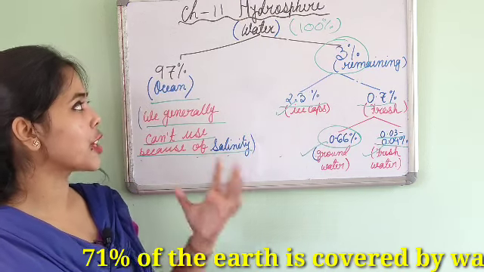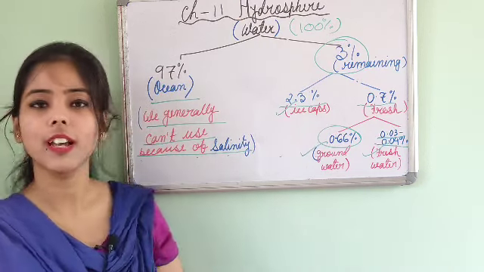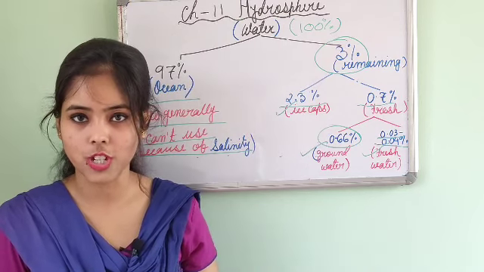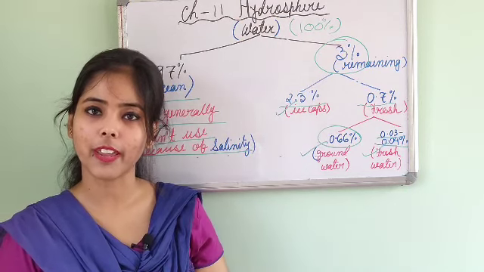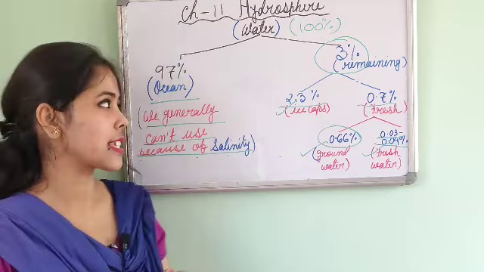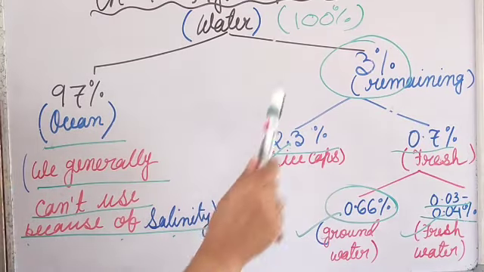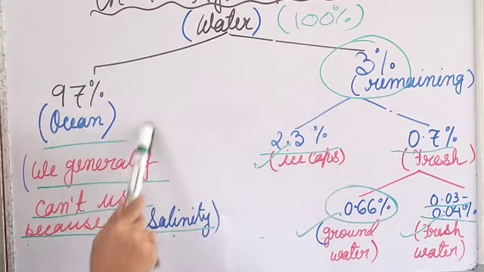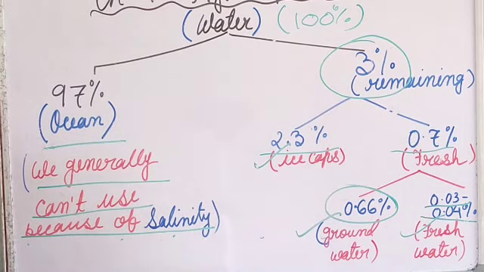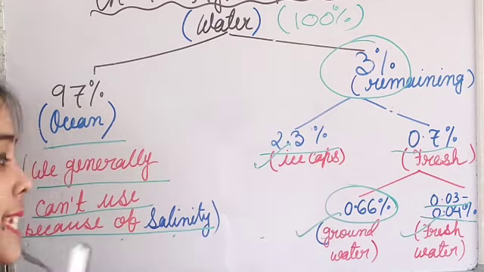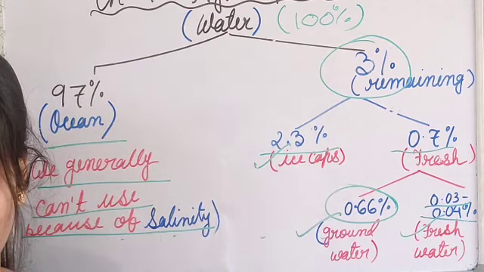So here I have written one piece of general information regarding the water distribution. The statistics is mentioned over here, so let's look into this. If we assume the water as 100%, then 97% of water is in the oceans. But we cannot consume the ocean water because of its high level of salinity.